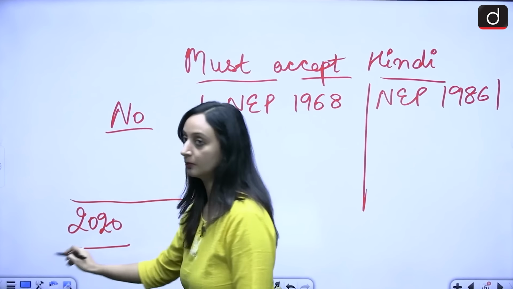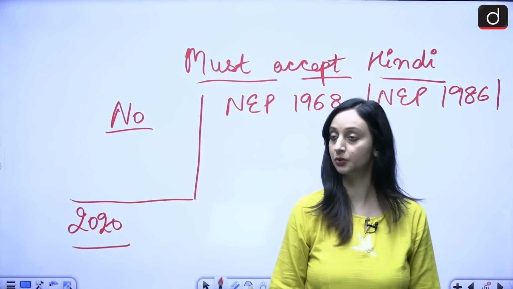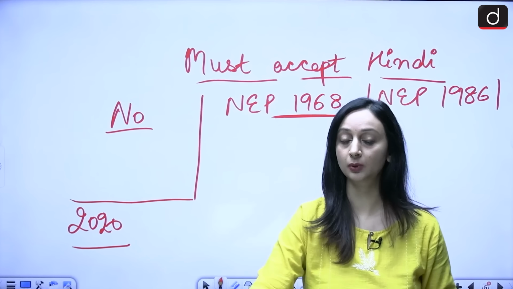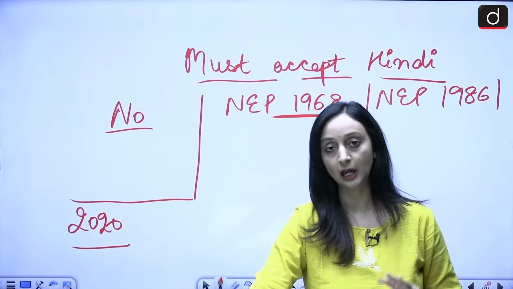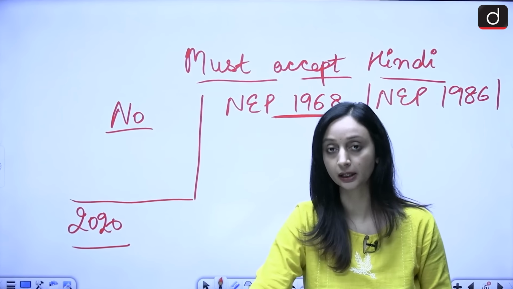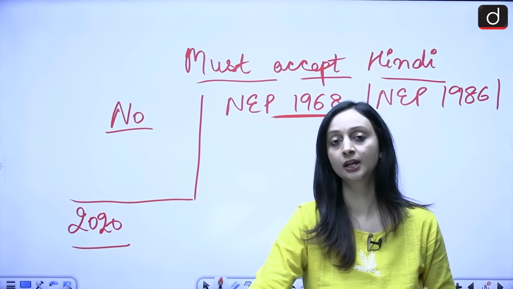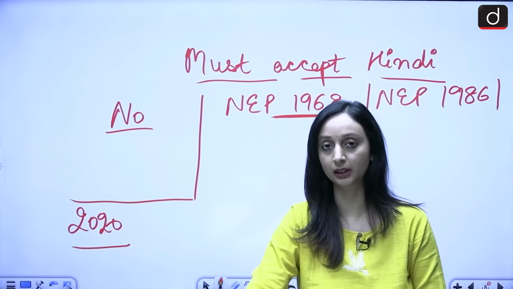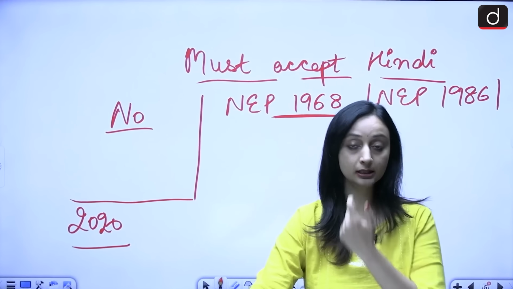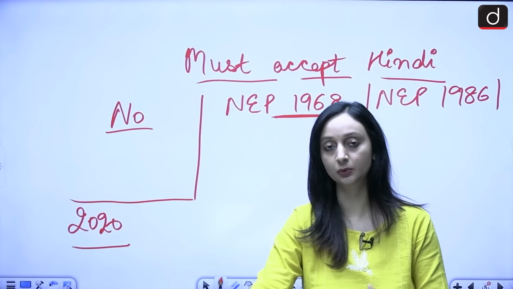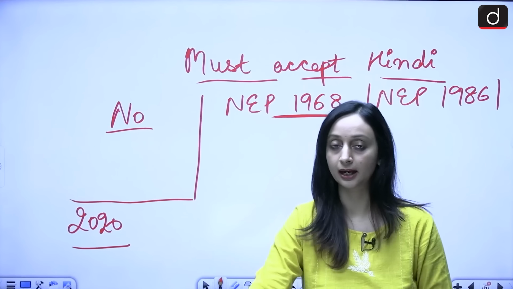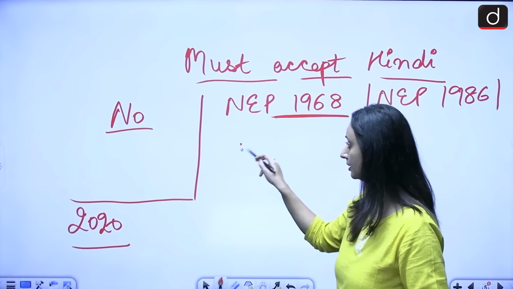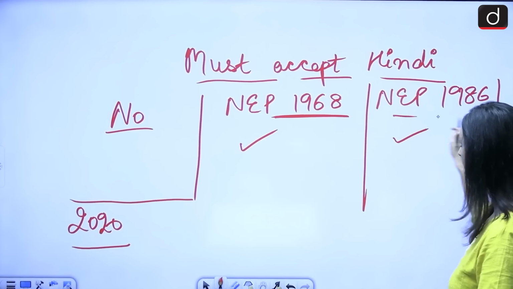This 3-language formula was originally introduced in NEP 1968, where it was said that 3 languages will have to be learnt by students. Again, Hindi was not made compulsory, but it was encouraged that the non-Hindi speaking states will accept Hindi. They will keep Hindi as their third language, and the Hindi speaking states can have some of the other southern, non-Hindi languages as a part of their curriculum. So Hindi was encouraged over here.